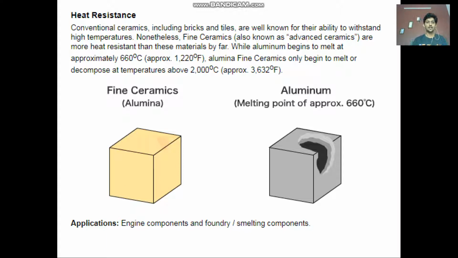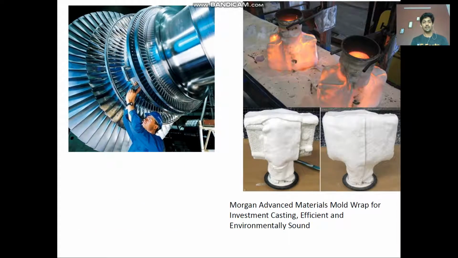Whereas when alumina is exposed to a similar temperature, which is much lower than its melting point, the thermal expansions, which lead to stresses, are way lesser than the strength. So when you want to choose a material for a higher temperature zone, it will definitely be alumina, because the thermal expansion is lesser and the resistance to thermal shock is greater in alumina compared to aluminum.